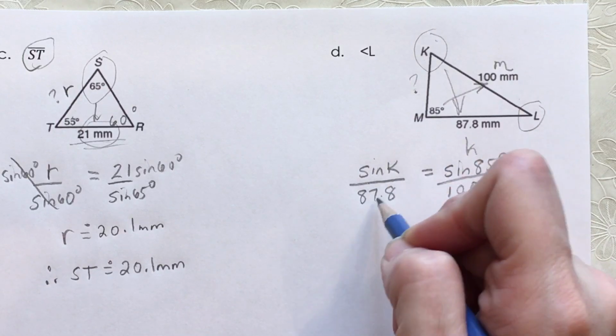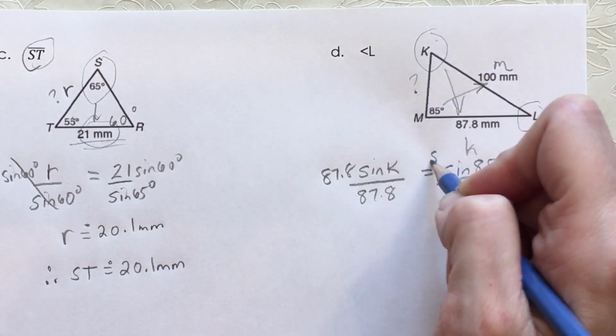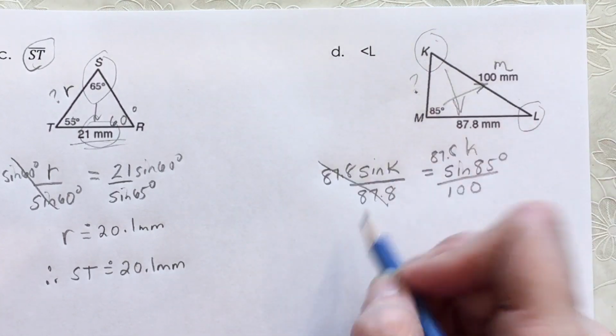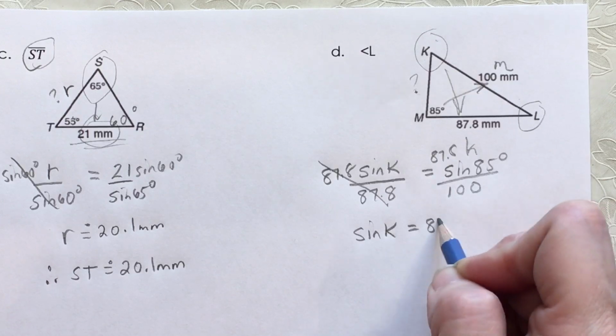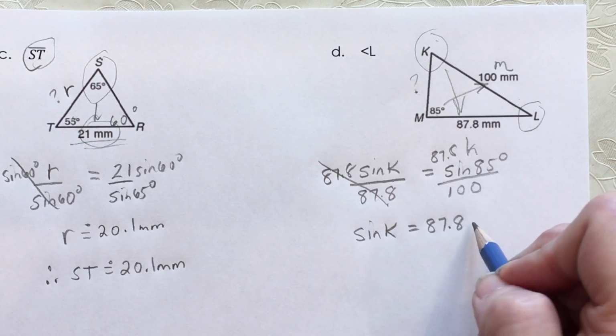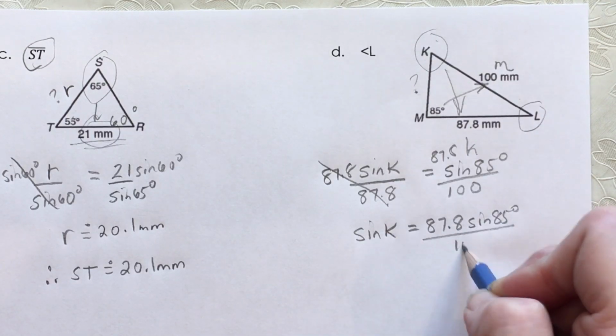So I want to undo divide by 87.8, so I'm going to multiply both sides by 87.8. So I get that the sine of angle K is equal to 87.8 times sine of 85 degrees divided by 100.